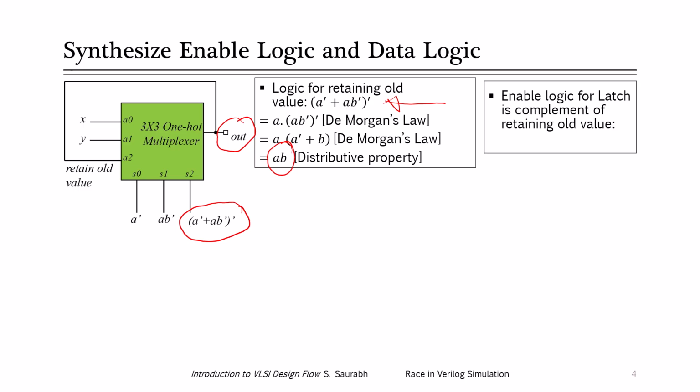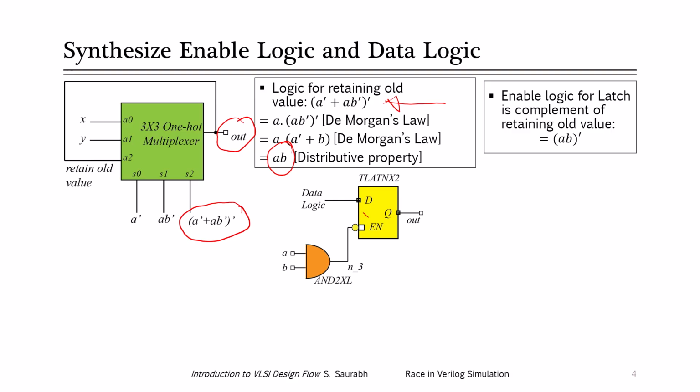The enabling condition is just the complement of the retaining condition, and therefore the enabling condition is AB complement, right? Now if the tool is using a negative level triggered latch, the bubble is already there, therefore on the enable side rather than AB complement we can simply have AB, right? Because this complement is already subsumed inside the latch.